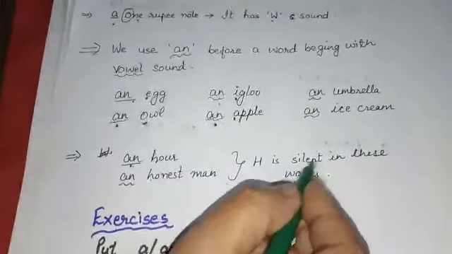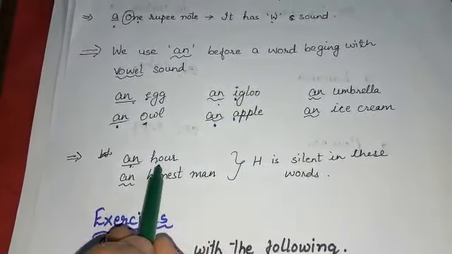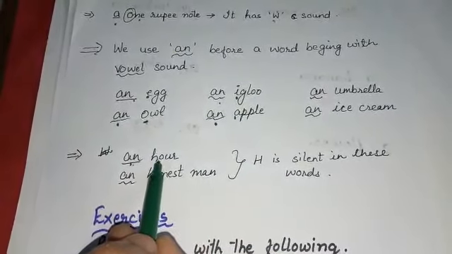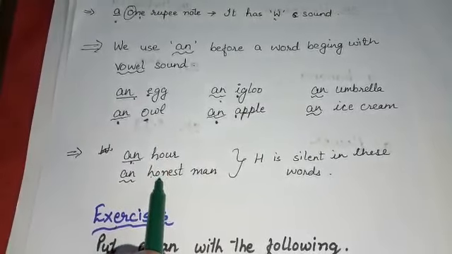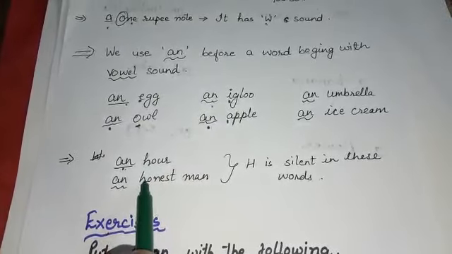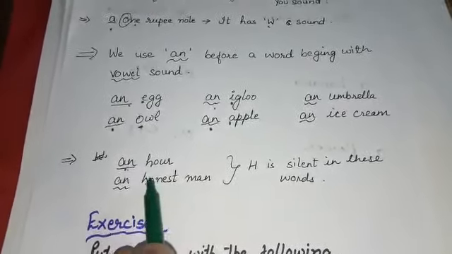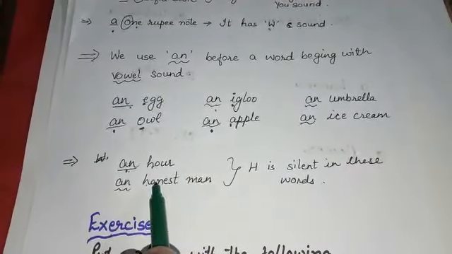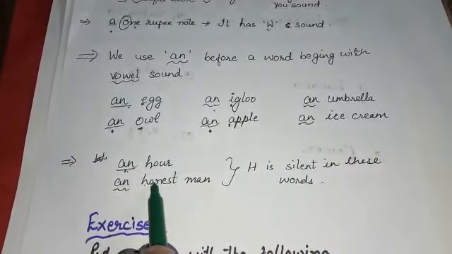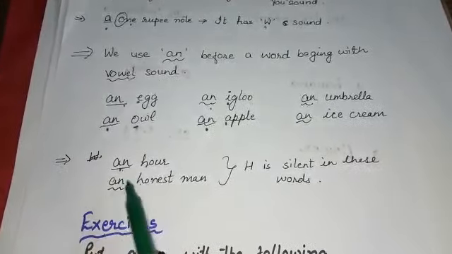Because H is silent in these words, and they are pronounced as hour, having the sound of O. Honest also has the sound of O, not the H. We are not saying it honest or hour. So here we have to use an before these words.